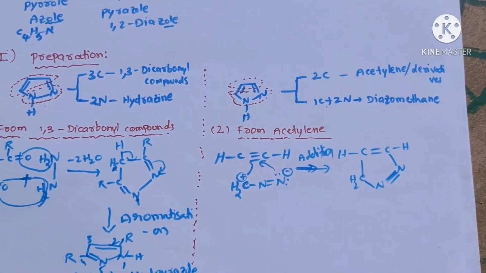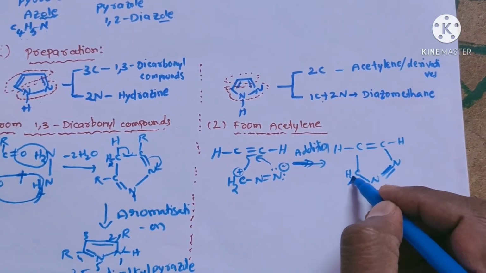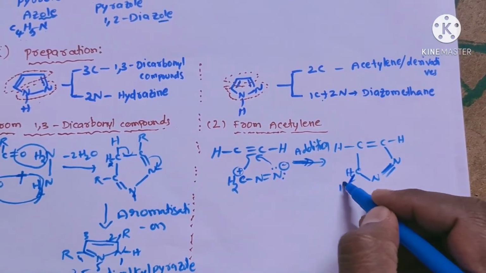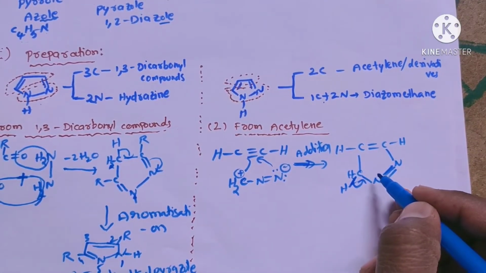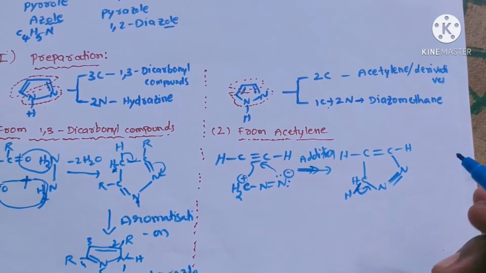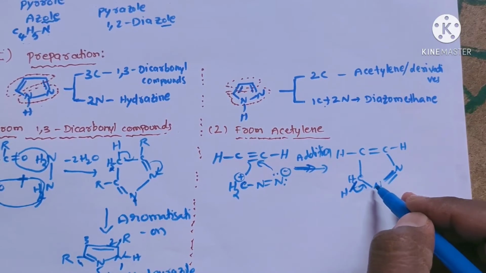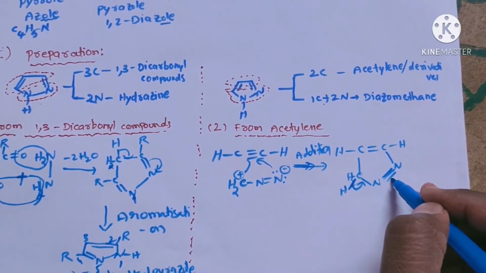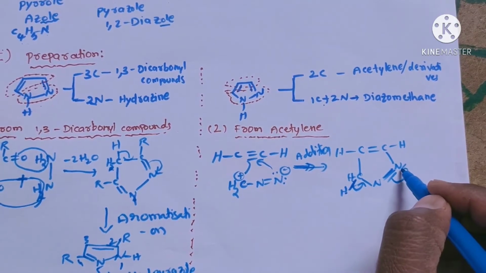Okay, so now here we show one hydrogen atom here. So this one now undergoes tautomerism. As a result, what happens? Look, a double bond will be formed between this carbon and this nitrogen, and this bond will be shifted here, and this hydrogen attaches on this nitrogen atom.